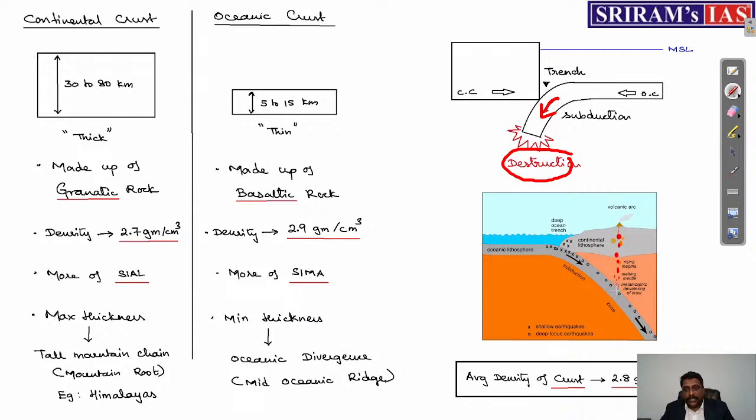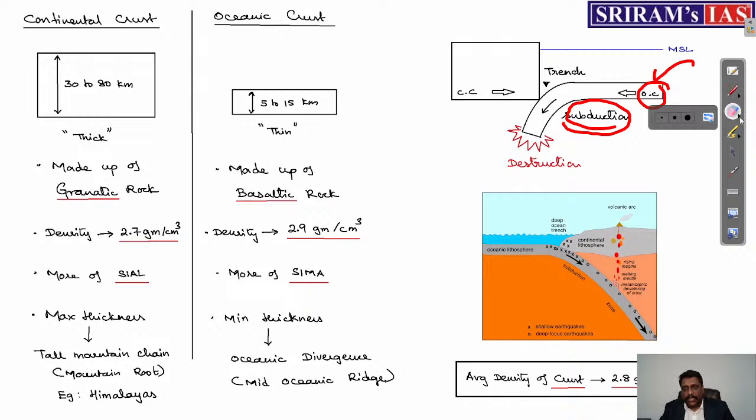When the magma pressure increases, this magma will try to rise towards the surface of the earth, making the volcanic arc or giving rise to volcanic activity. So which crust generally goes for subduction, if you ask me? It is oceanic crust that goes for subduction. Right, my dear friends.